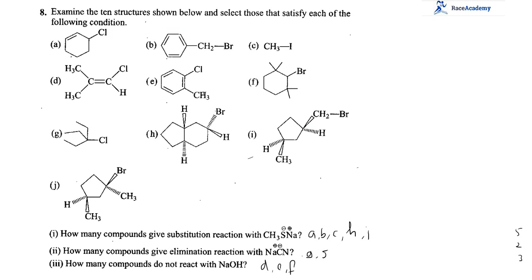See, we have a reaction question. Examine the 10 structures shown below and select those that satisfy each of the following conditions. So one condition, if you observe, I have already given it to you.